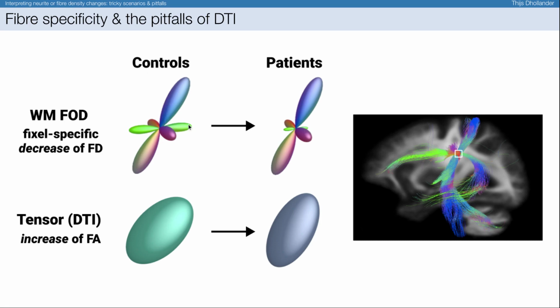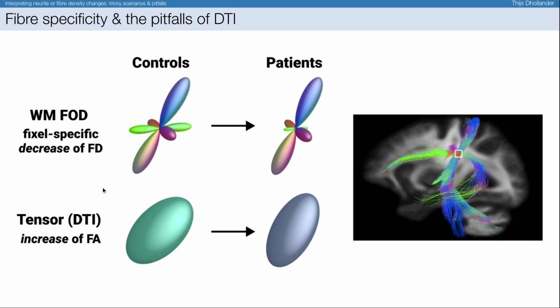And we can get very specific fiber density measurements for each of these fiber populations, and that allows us in analyses, for instance, to detect that in a patient group maybe this lobe here is affected compared to that one, so the SLF has suffered some damage, whereas the corpus callosum and the corticospinal tract, they remained intact. So this offers multiple advantages, but one of them is specificity. We can assign it to this population.